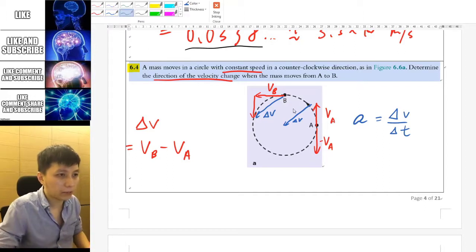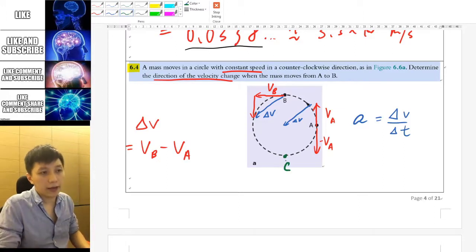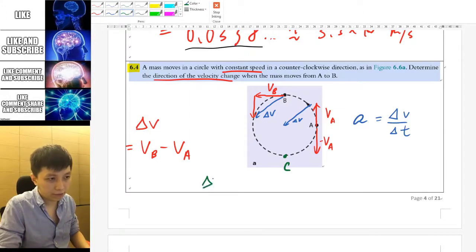Let me give you a bonus part. So what if I say this is C and the delta V when you move from B to C?